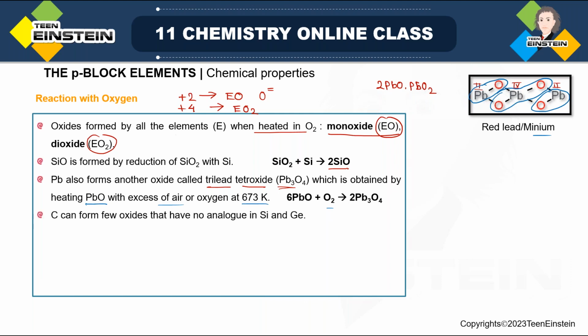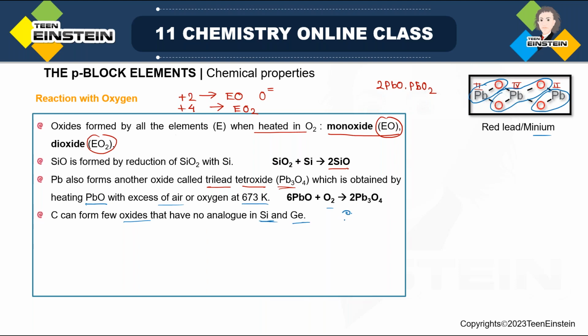Now for carbon, though we have said there are two different types of oxide, monoxide EO and dioxide EO2, there are some exceptions also. These two oxides are common that you can expect for all the elements, but there are some exceptional cases. One you have just seen for lead, and carbon can form a few oxides that have no analog in Si or Ge.